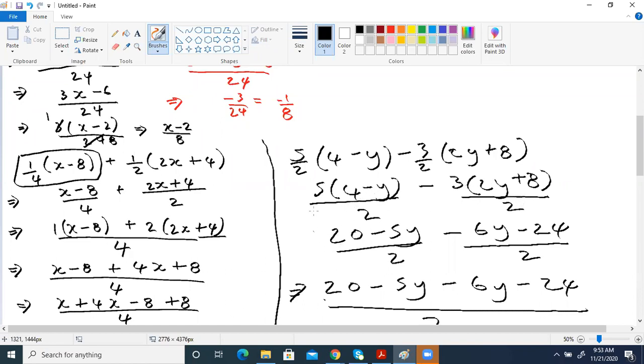We multiply with the brackets. We get a 20. If you look back, 5 times 4 is 20, 5 times minus y is minus 5y, and then minus 3 gives minus 6y, and then minus 3 again times 8, minus 24.